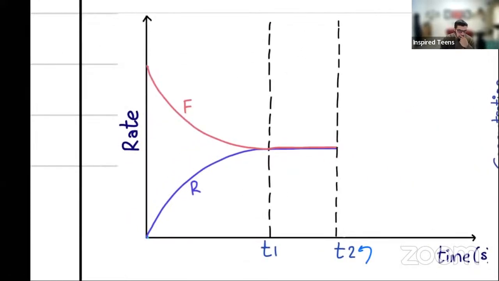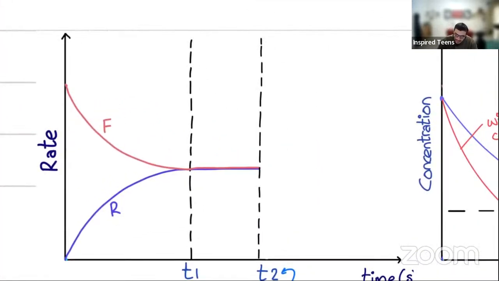Okay. So what happens now? We are at equilibrium and we add a catalyst. If we are at equilibrium and we add a catalyst, what happens to the rate is that both reaction rates go up. Let's try and put them very close, but not completely touching.